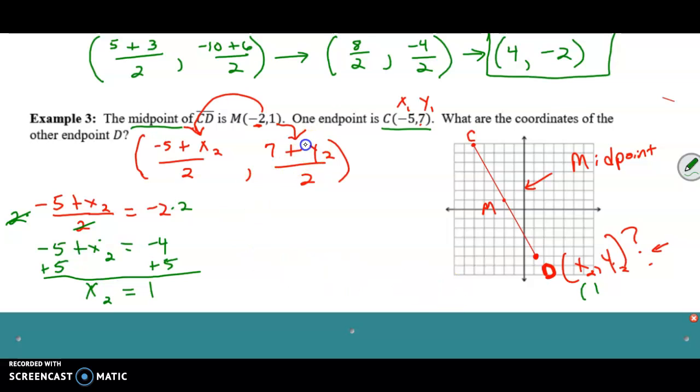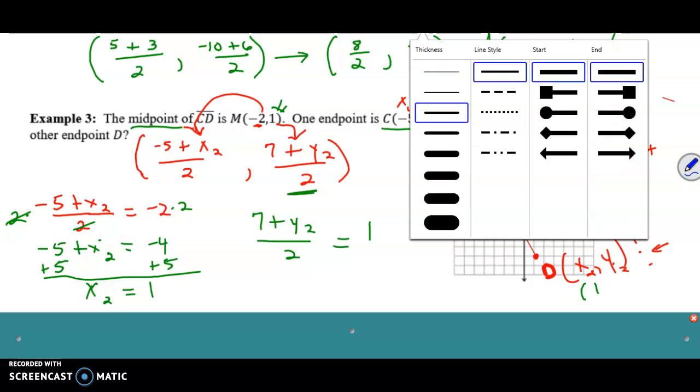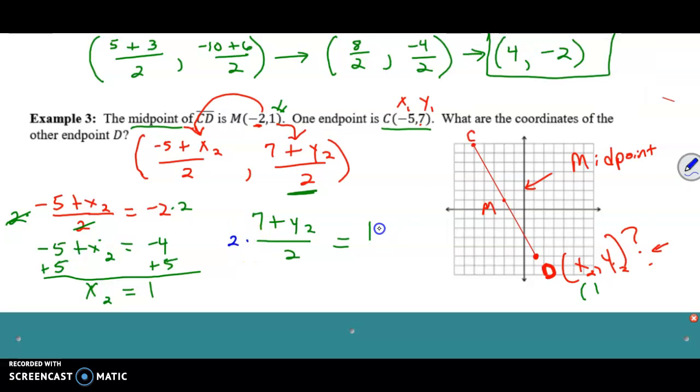Now what about my y's? Well, this little equation right here, 7 plus y2 over 2, has to equal the y-coordinate of my midpoint. Multiply both sides by 2 to get rid of that fraction. So 7 plus y2 has to equal 2.